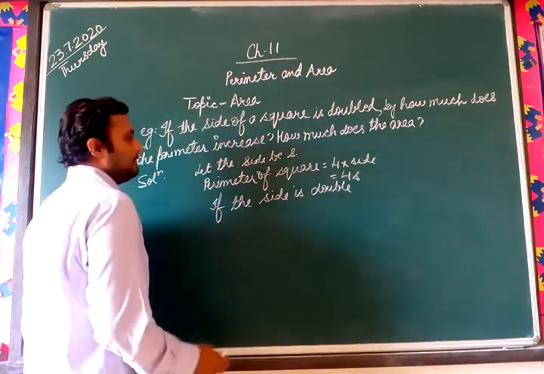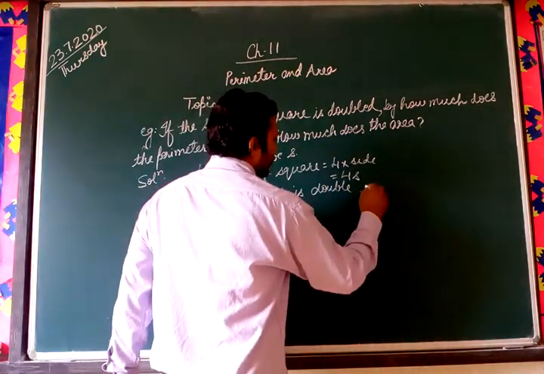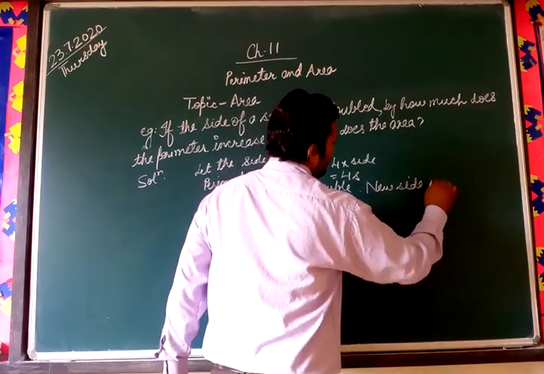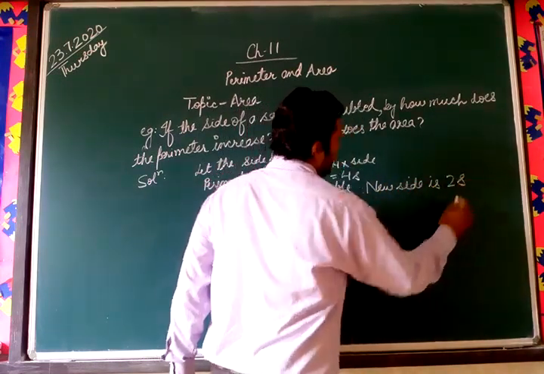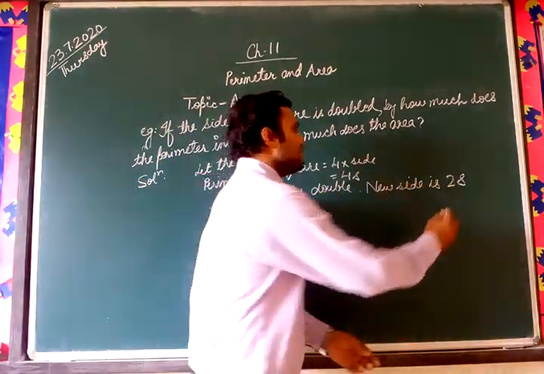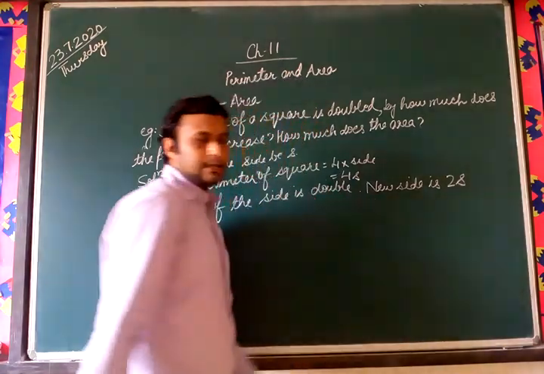then what will happen? The new side is 2S. Instead of S, the side is doubled, so the new side is twice S, 2S.